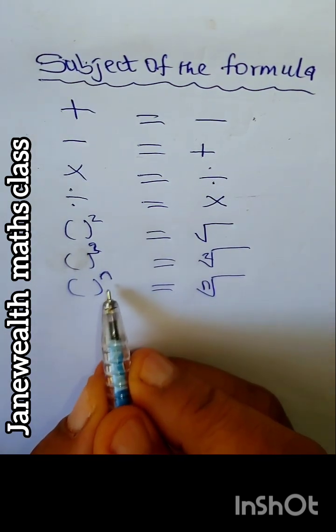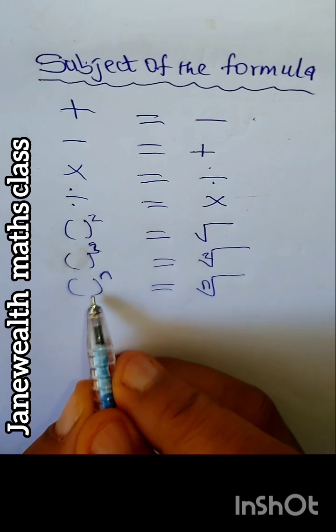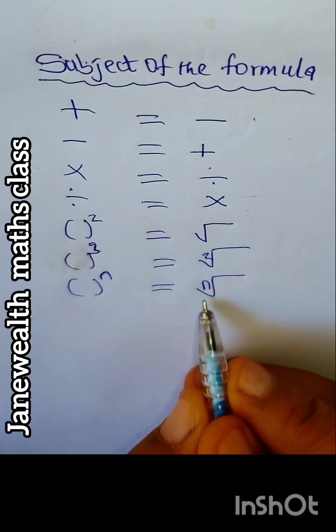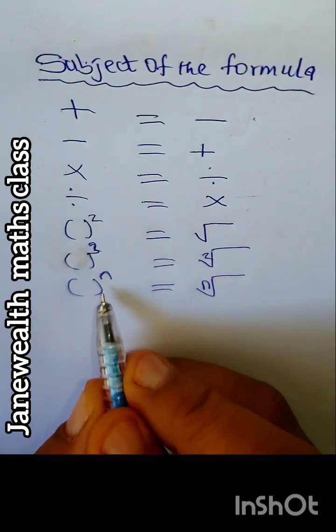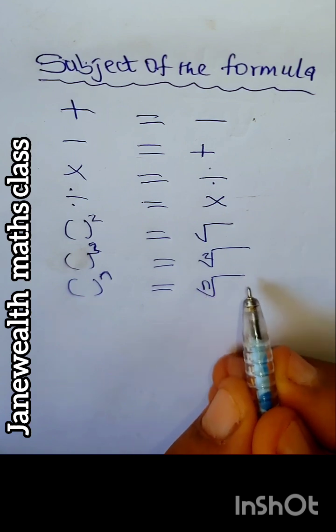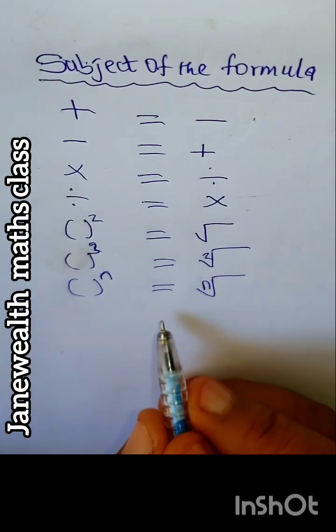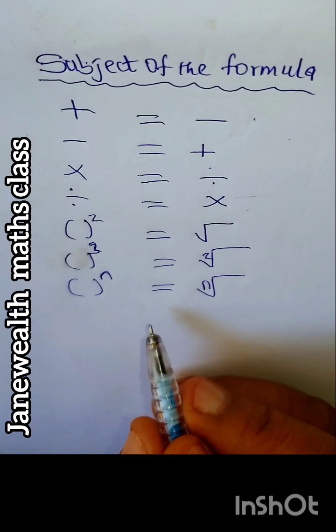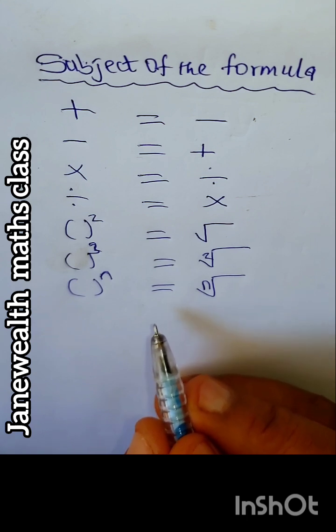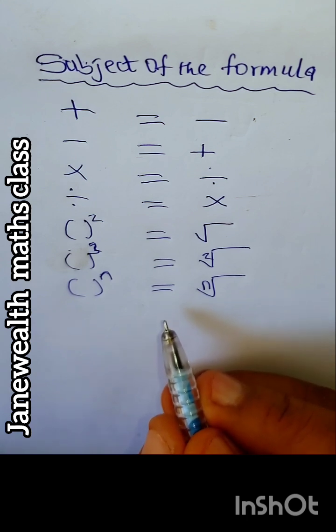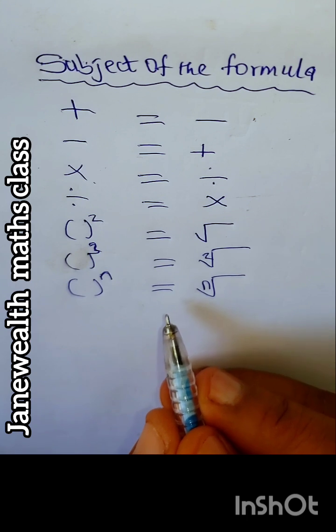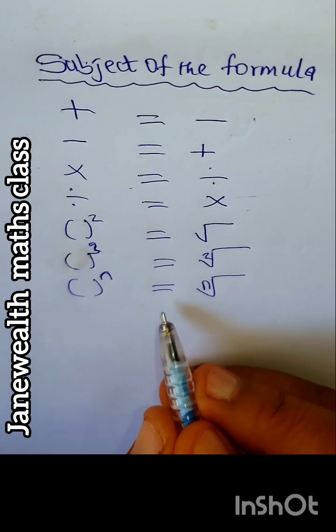That means n is just any number. If it is raised to power 10, it will be root 10. If it is raised to power 5, it will be root 5. I think if we know this well, subject of the formula will not be hard for you to understand. So having known this, let's solve this particular question.